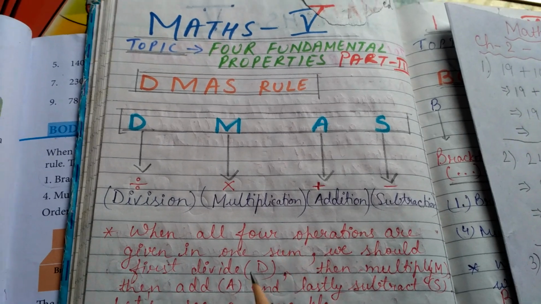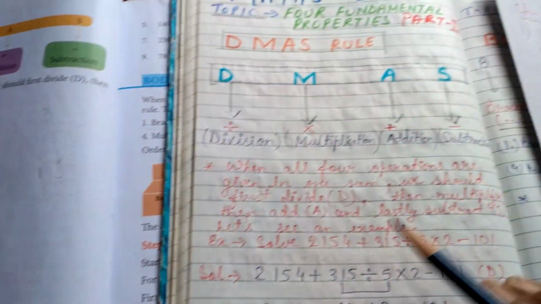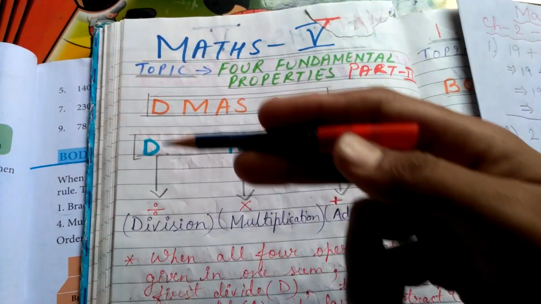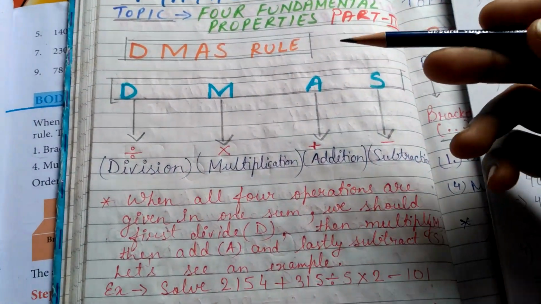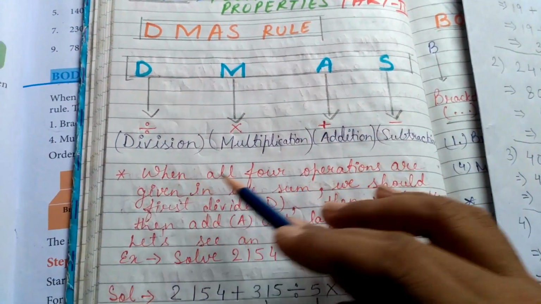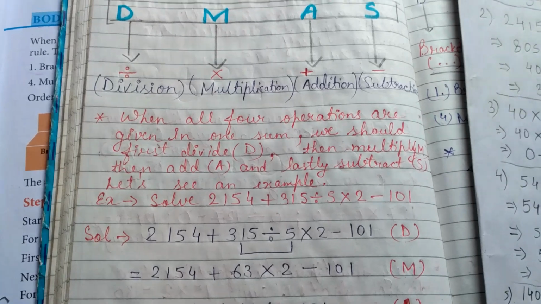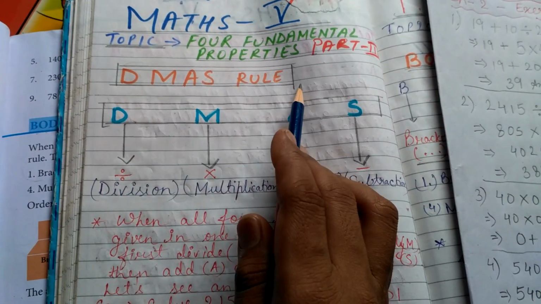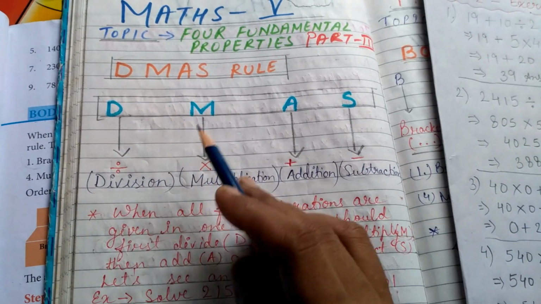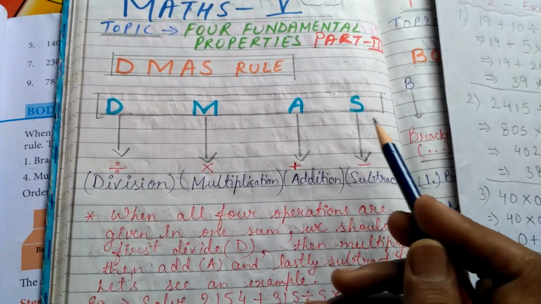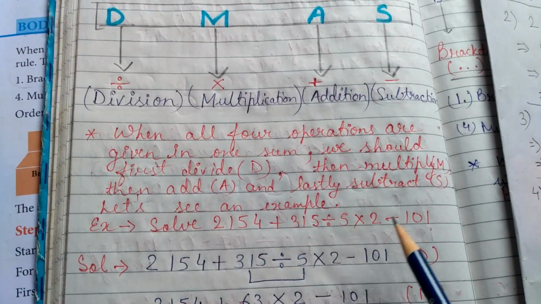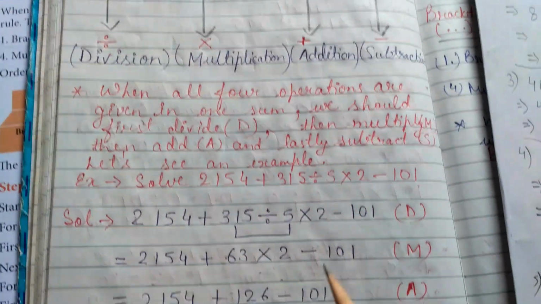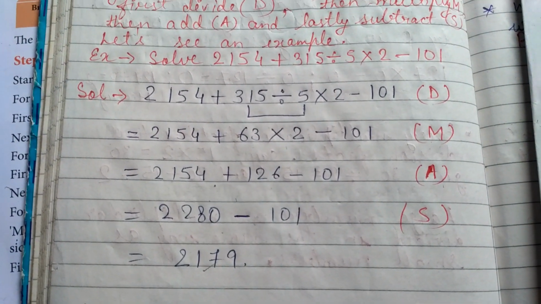Before starting this exercise, I would like you to draw this DMAS, and whatever I have written, you should also write. You will write the DMAS rule, indicate what DMAS stands for in this format, and also solve this example as I have solved.